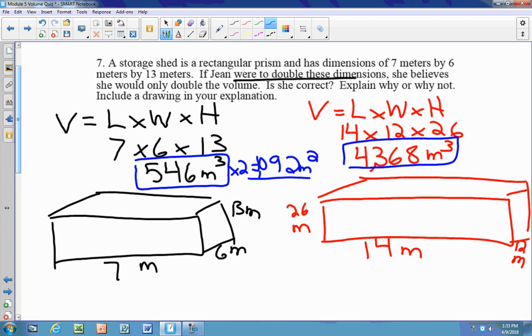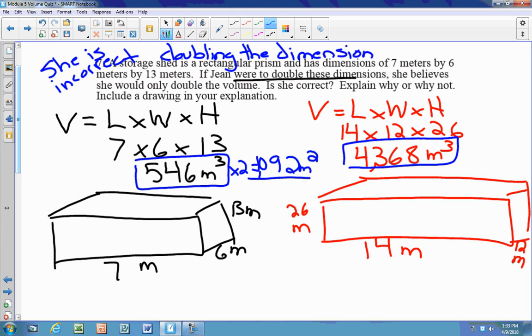And I see that these two do not match, so I'm going to say she is incorrect. Doubling the dimensions makes the volume much greater.